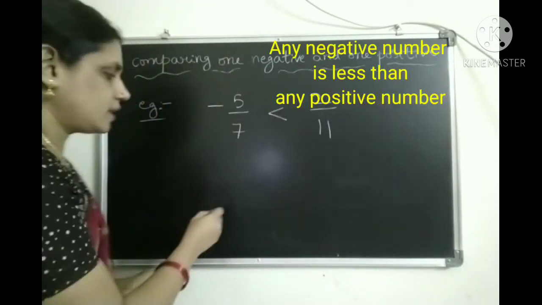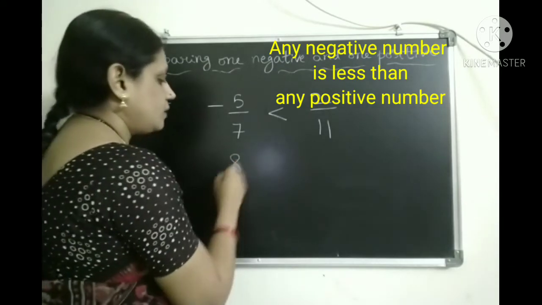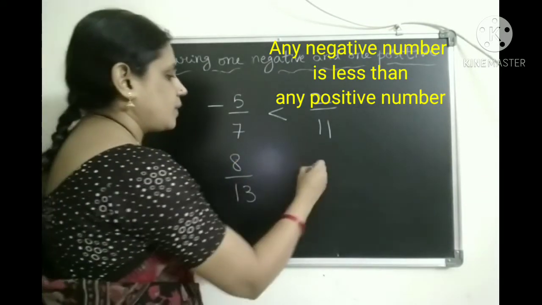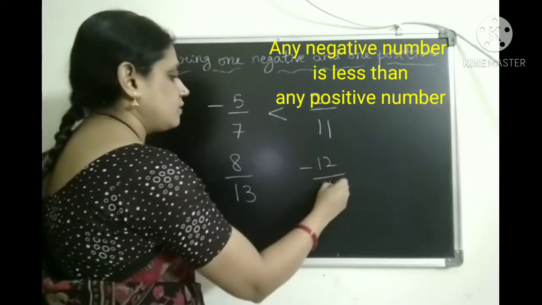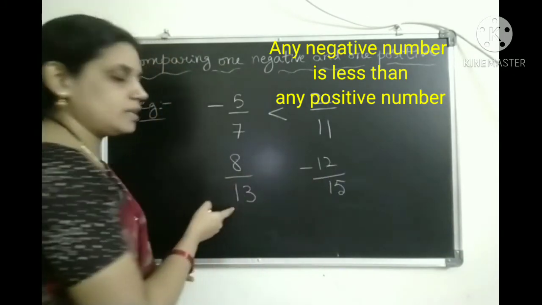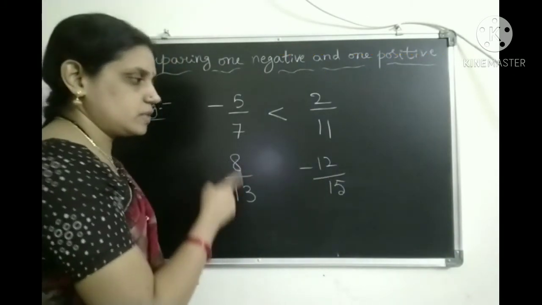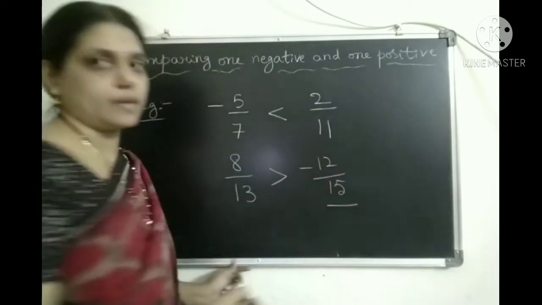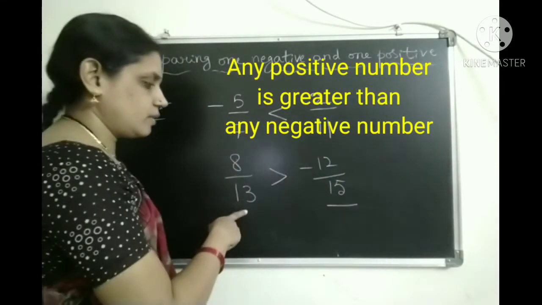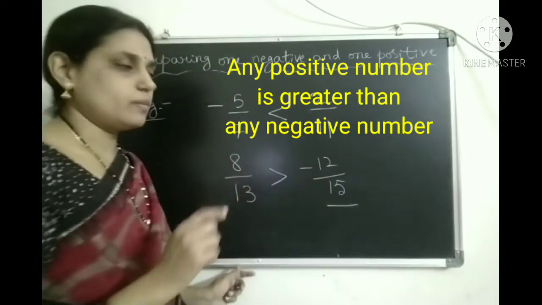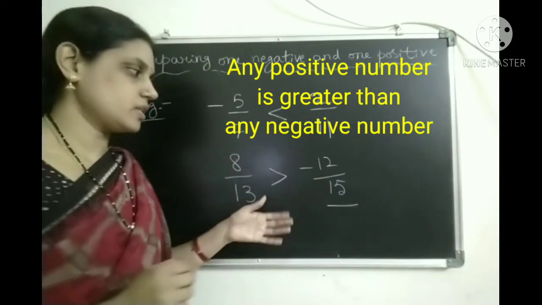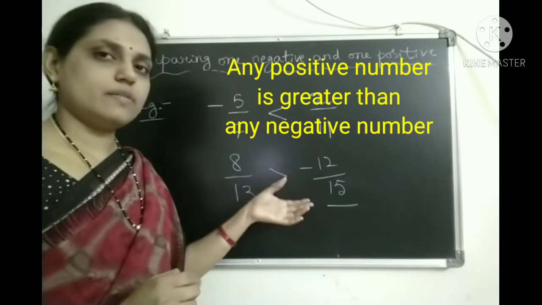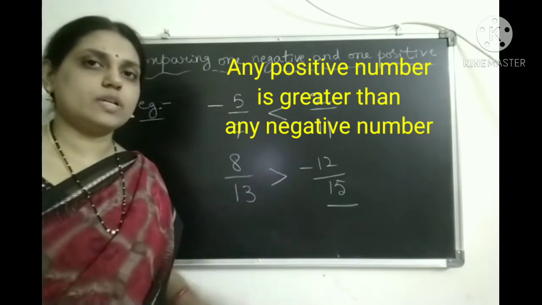If I give another example, 8 by 13 and minus 12 by 15. Here 8 by 13 is positive. Any positive number is greater than any negative number. So no need to do any cross multiplication. Just by observing what is positive and what is negative, you can compare.